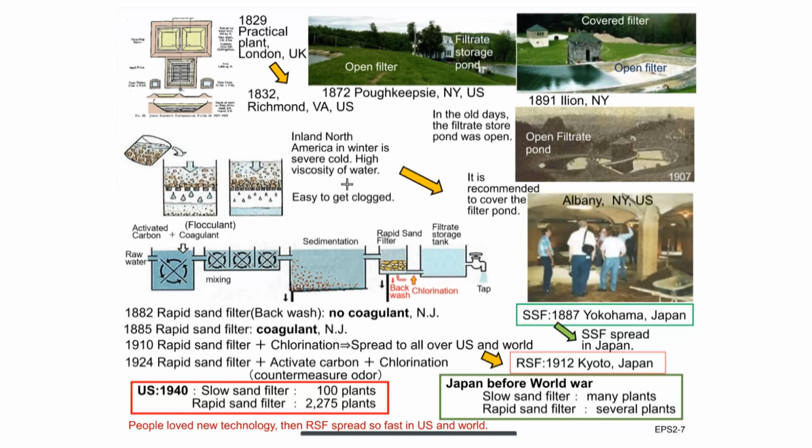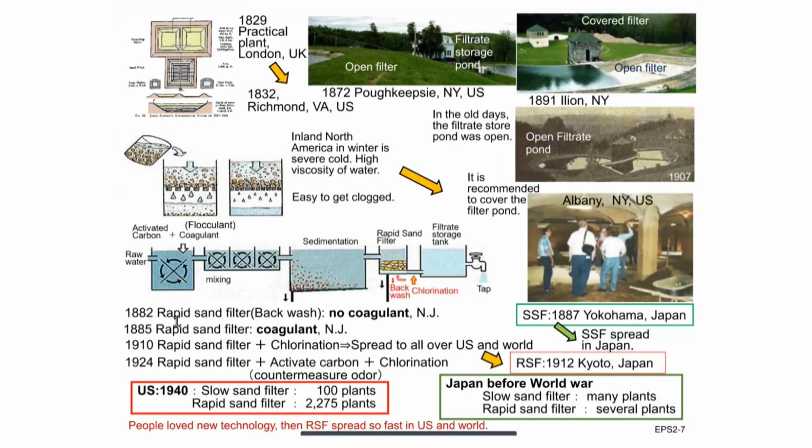And then, as you know, in New York or more inside of the United States continent, the filter is easier to clog, because they believe it is due to the turbid matter. In that case, they use chemical coagulant, flocculant.